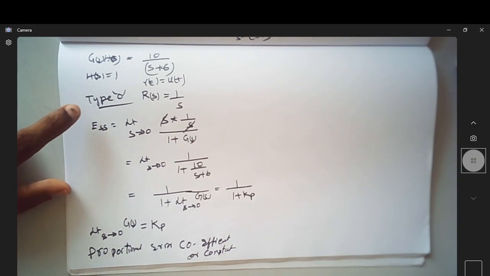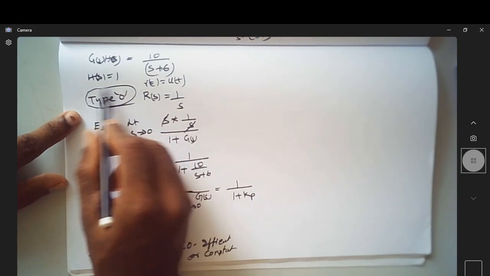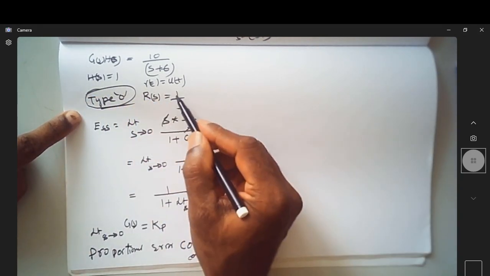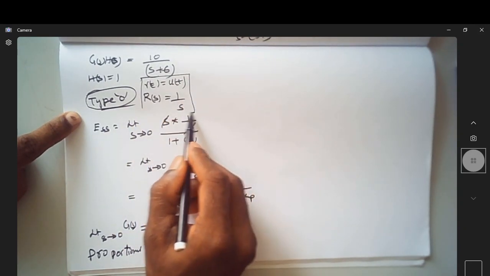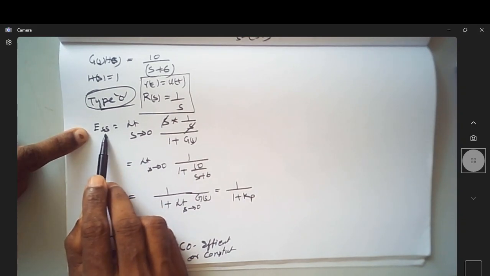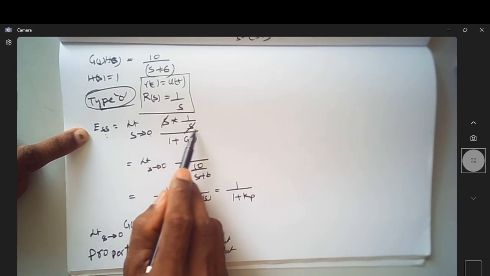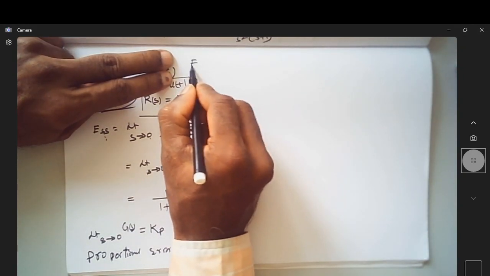Whatever the type of the system, if the input is a unit step input, we can find ESS.